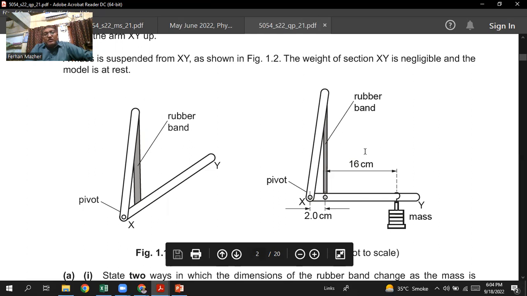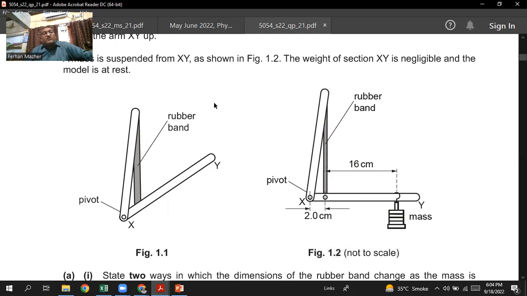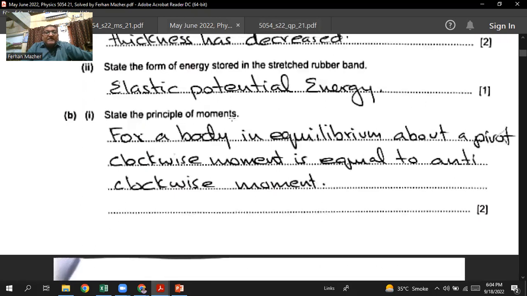The moment is equal to the force multiplied by the perpendicular distance between the pivot and the line of action of the force. Because they both have the same moment, and the moment arm of the rubber band is smaller, the force it provides should be larger than the force provided by the mass or the weight, so that the moment can be the same.